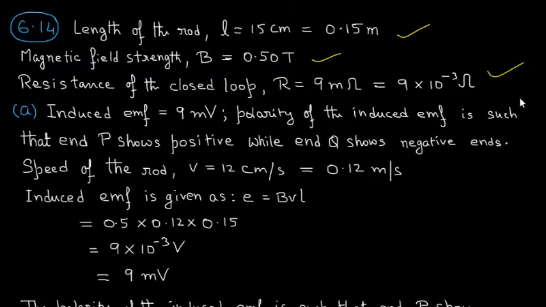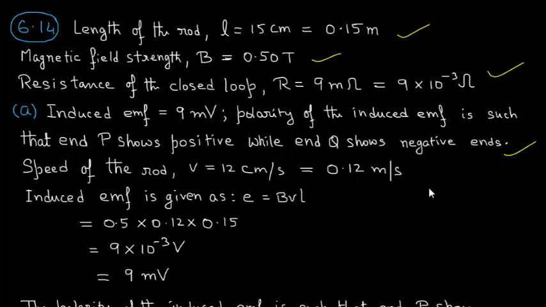So for the first part of the question, the induced EMF is 9 millivolt. The polarity of the induced EMF is such that P is positive and Q is negative.